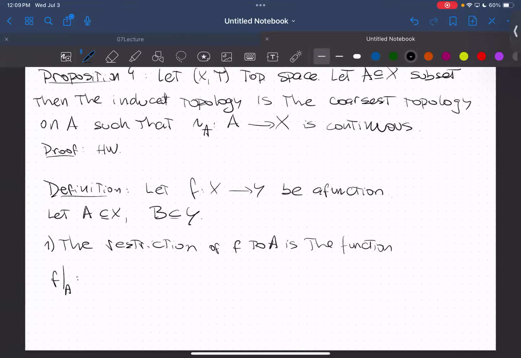And now it's a function going out of A to your Y. And this is given by f restricted to A at an element a is f of a, and this is for any a in A.